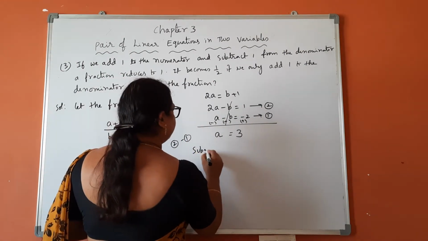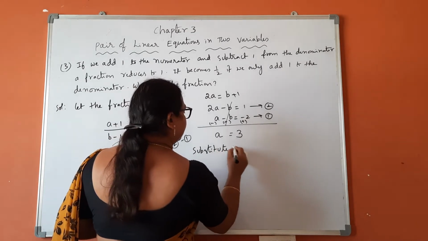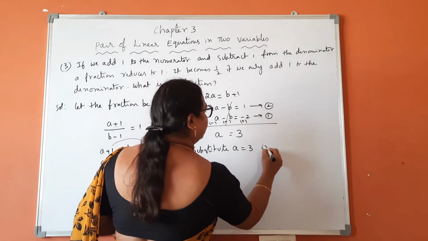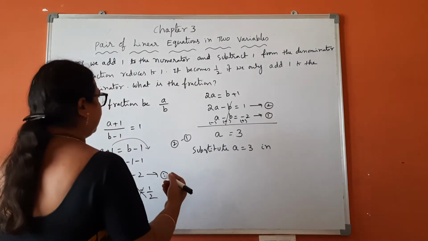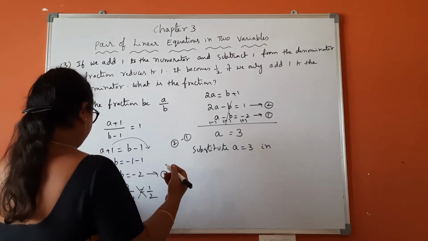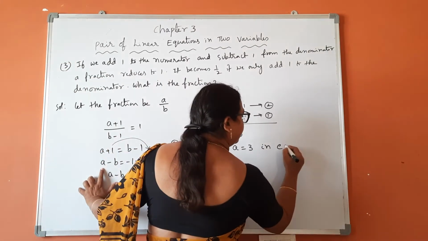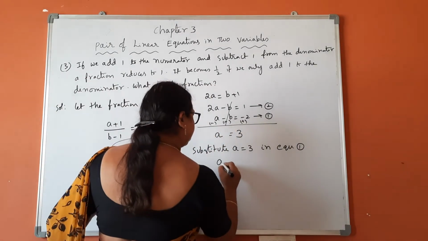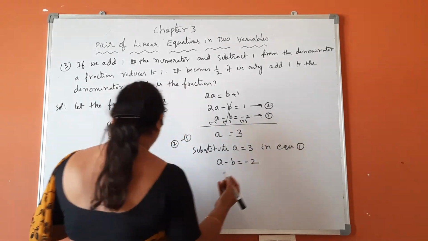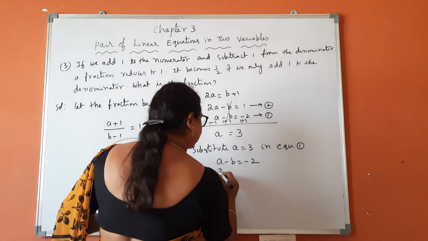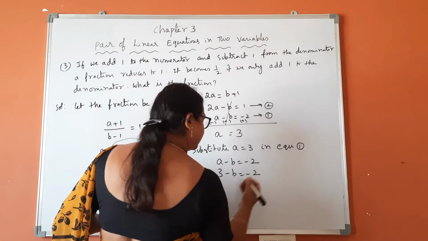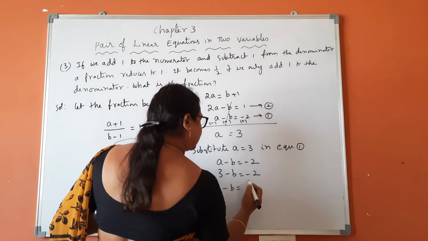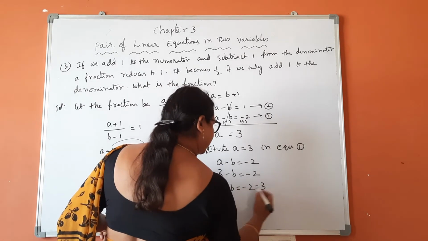Then substitute a is equal to 3 in equation 1. What is equation 1? A minus b is equal to minus 2. A is 3. 3 minus b is equal to minus 2. So minus b is equal to minus 2 minus 3.